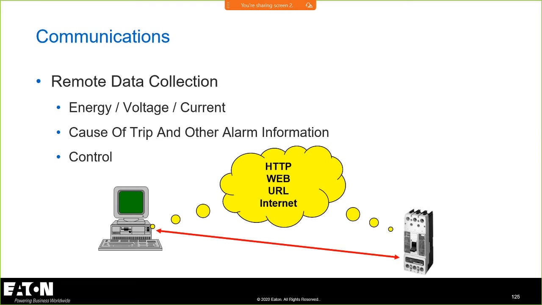You can open a breaker from your computer, from your cell phone. It's password protected. You can download settings and upload settings, and there's just so many things that you can do to get the electrical worker outside of in front of a piece of equipment.